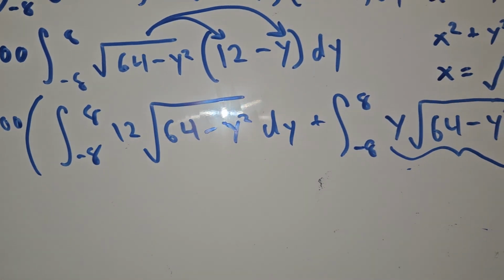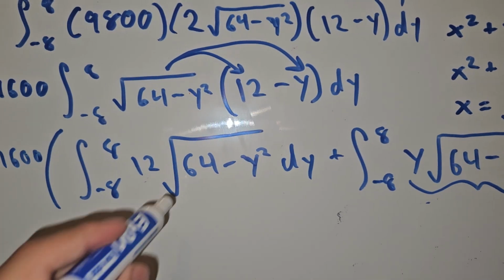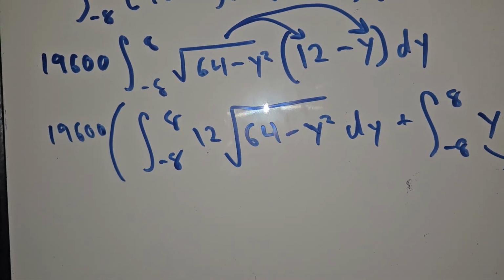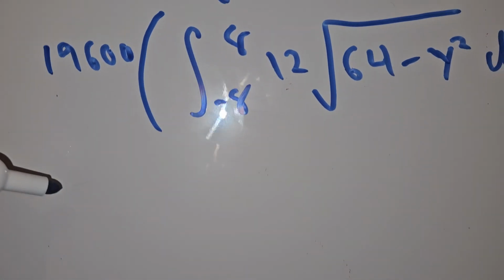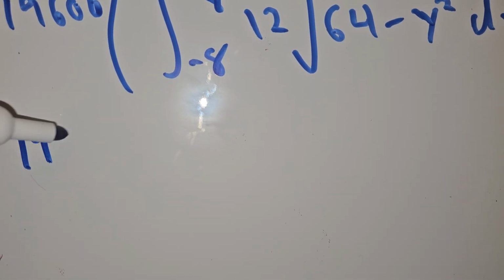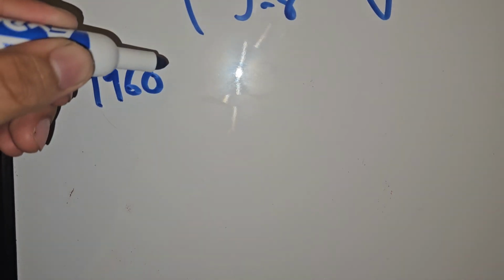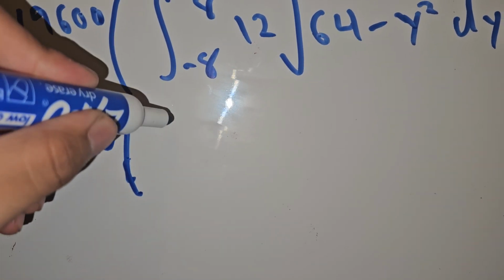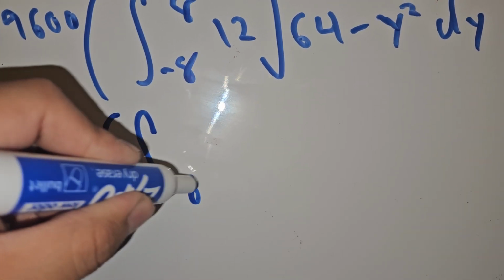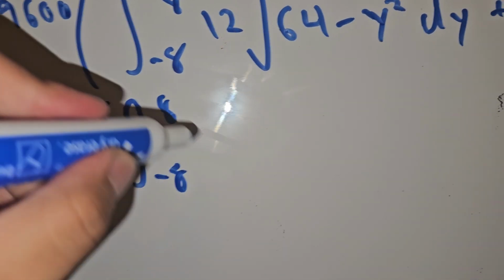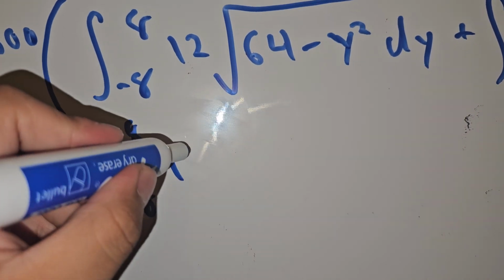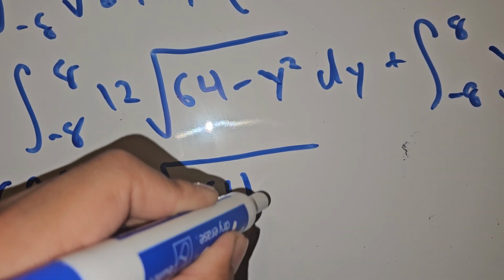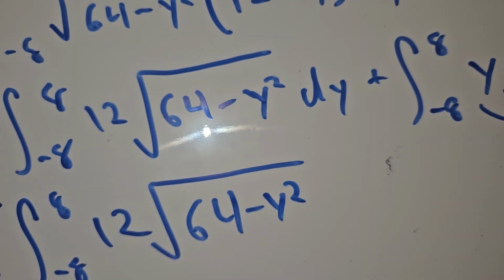So we only have to evaluate this one, which makes it easier. So again, it's 19,600 times the integral from -8 to 8 of 12 times the square root of 64 minus y squared.